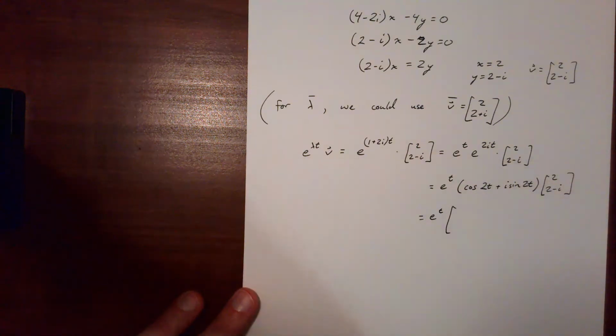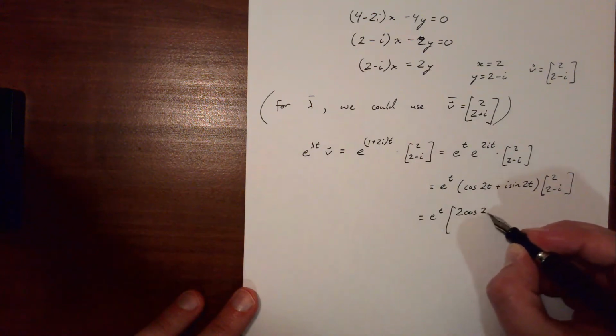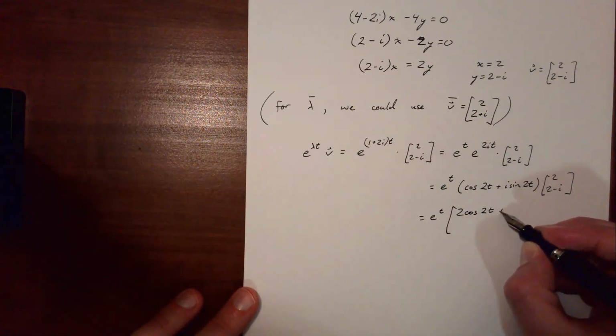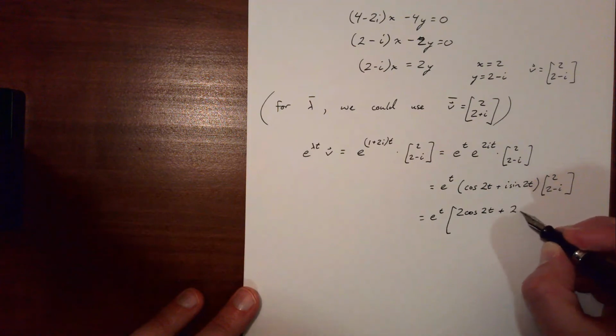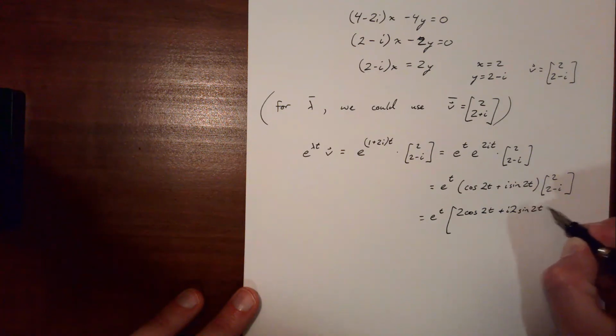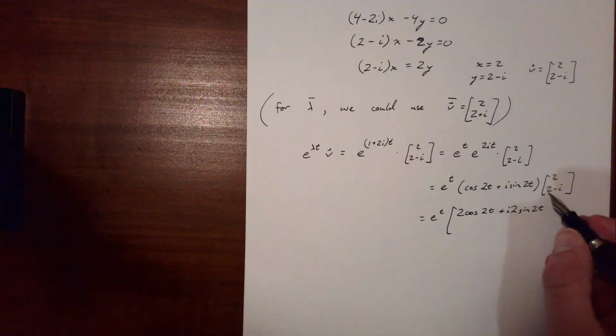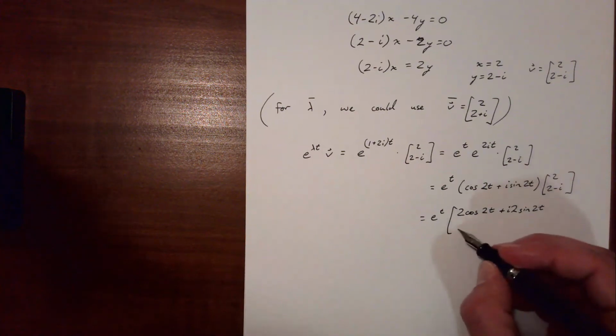So e to the t, and I'll have 2 cosine 2t plus 2i sine 2t for the top one. For the bottom one, you basically would just FOIL it all out.